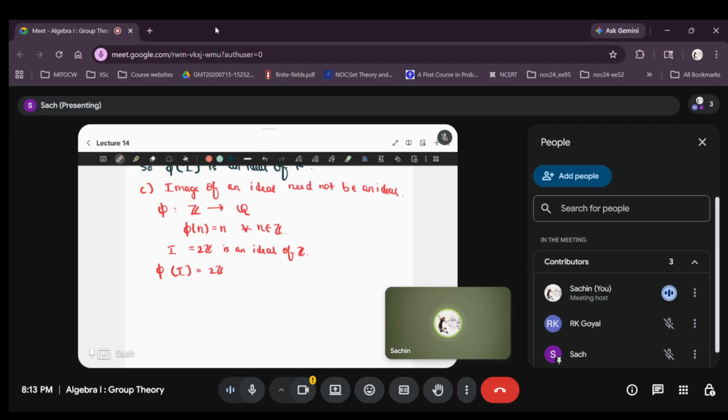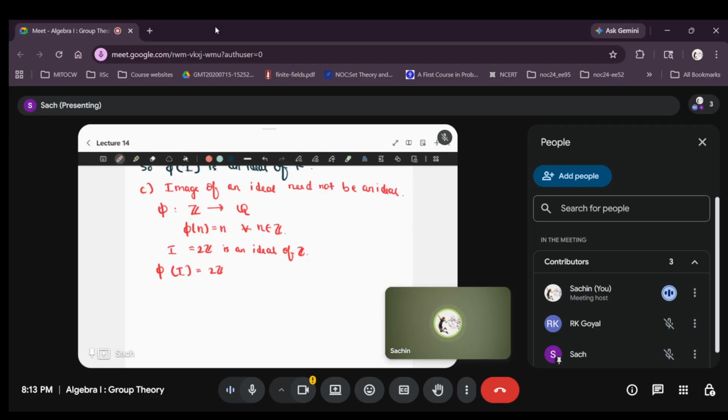But 2Z is not the 0 ideal, and it is not equal to Q. So 2Z cannot be an ideal of Q, but 2Z is an ideal of the domain Z. In this way, the image of an ideal need not be an ideal.